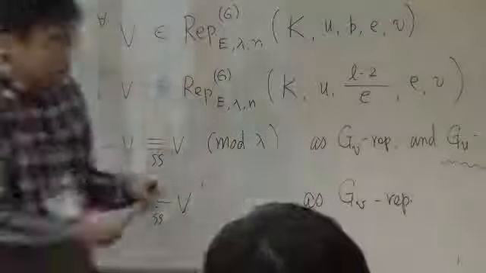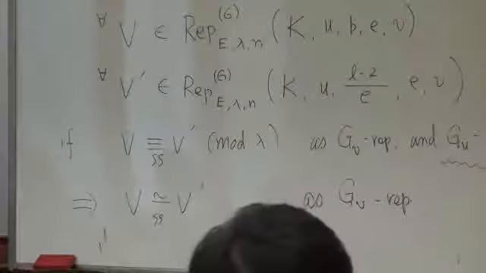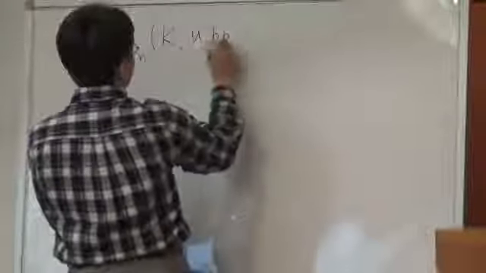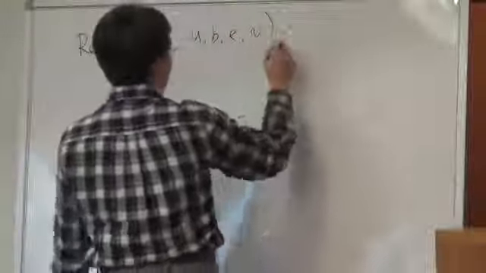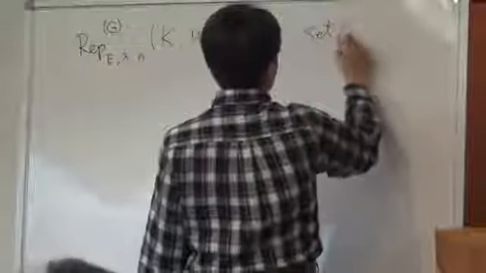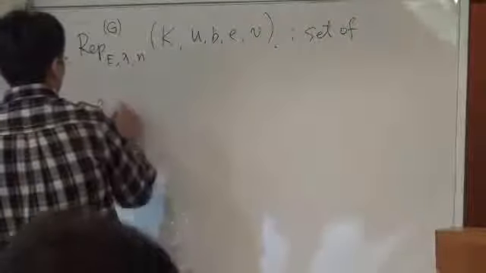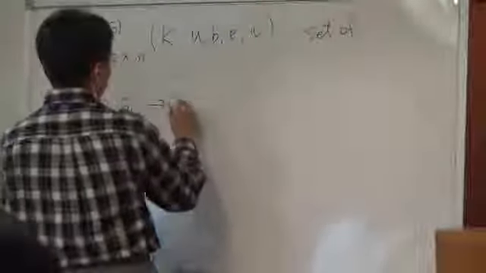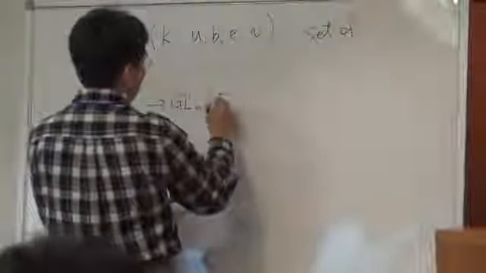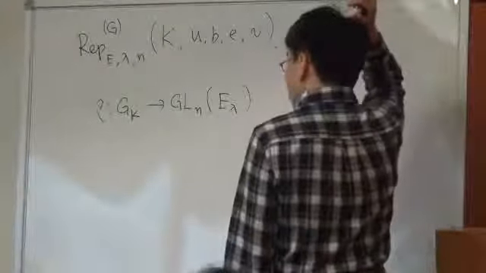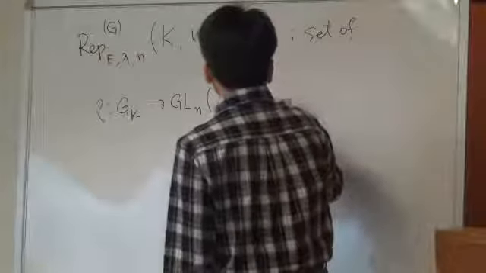And this set, which is a little bit complicated, is the set of n-dimensional Galois representations over E_lambda of a certain type.